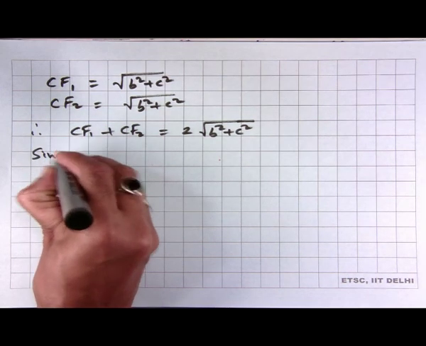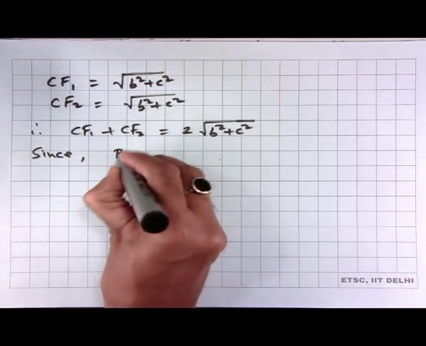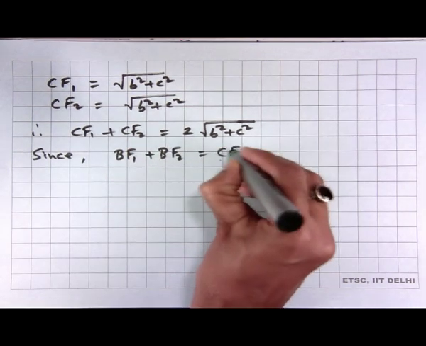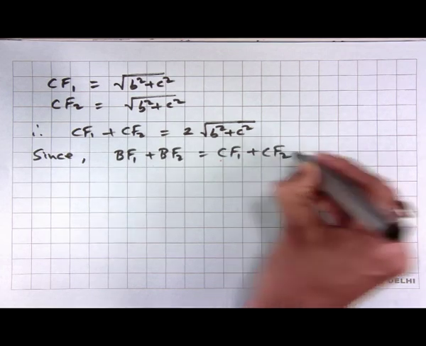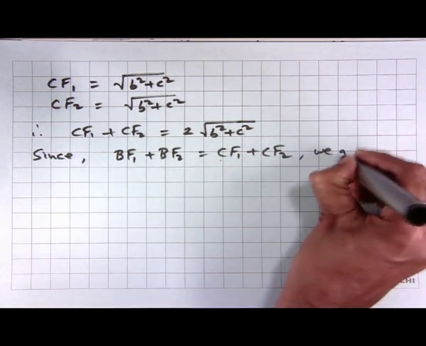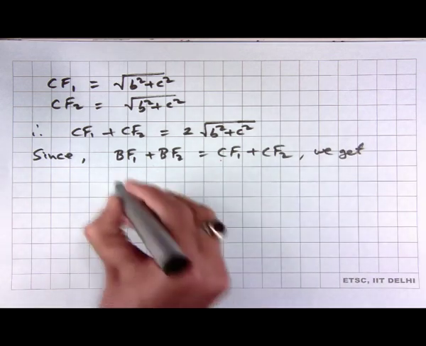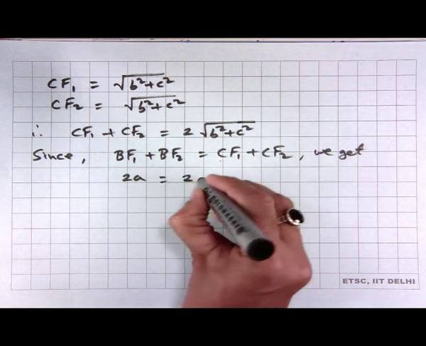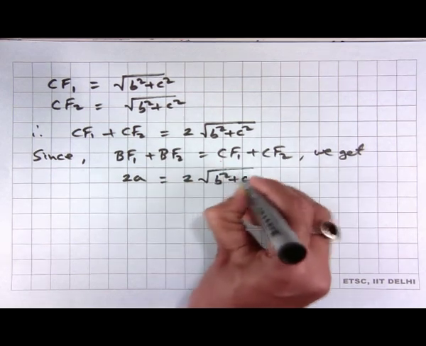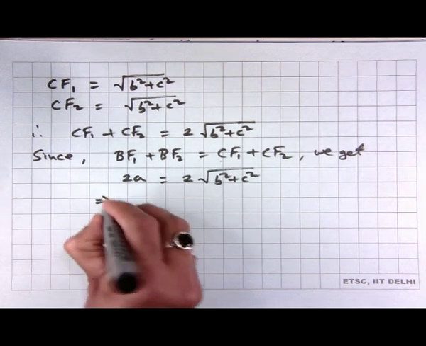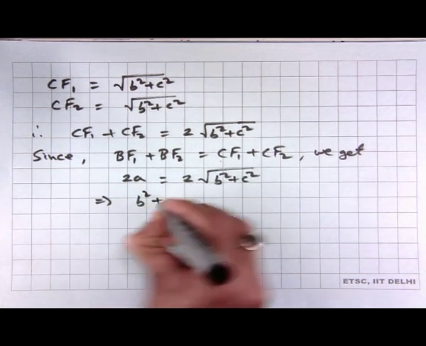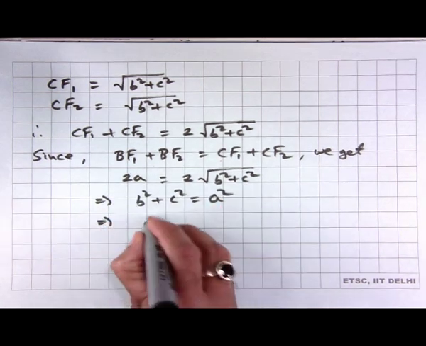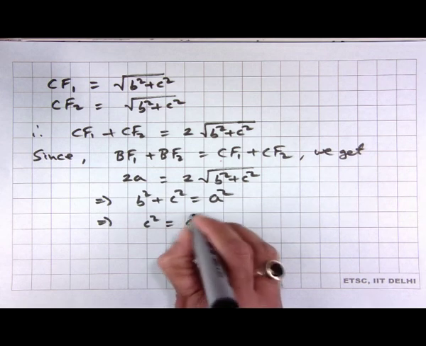Since BF1 plus BF2 should be equal to CF1 plus CF2, we get 2a equal to 2 times the square root of b squared plus c squared, which implies b squared plus c squared equals a squared, or c squared is a squared minus b squared.